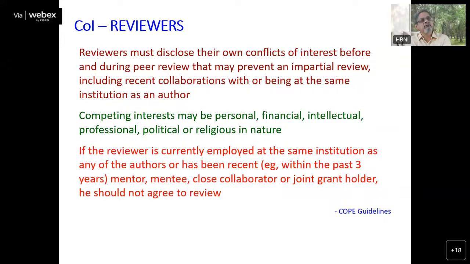Because in principle, it is not correct. If you are the supervisor of the person submitting the manuscript, your own student, you may still be impartial, but sometimes unconsciously your decision could be colored by the fact that you have been the supervisor or mentor of the author.